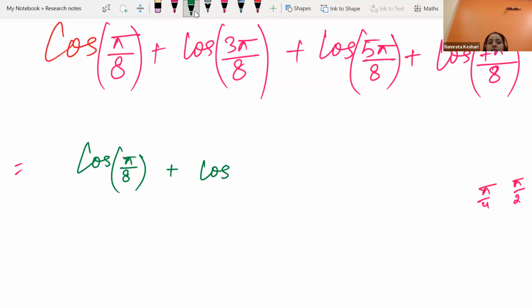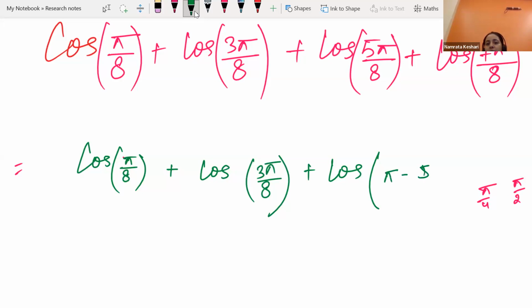can we take this 3 pi by 8 as a... okay, let's write it 3 pi by 8 for now. This cos 5 pi by 8, we can write it as a pi minus 5 by 8. Let me check, 8 pi minus 5, 7 pi.